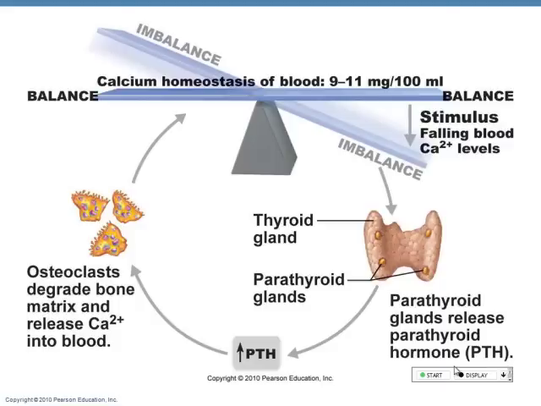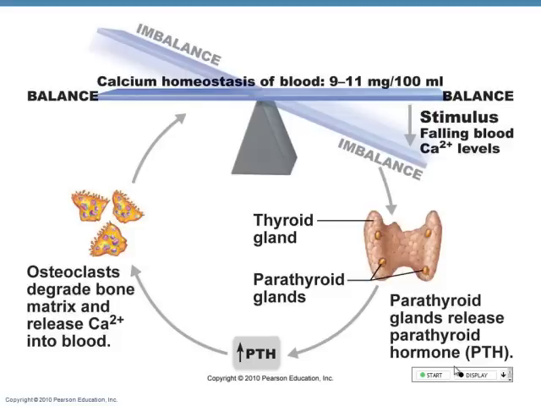Here's an imbalance. What is that called, by the way? Homeostasis controlled by what? What is that a picture of? What kind of mechanism? Negative feedback mechanism, yes! So we have an imbalance.